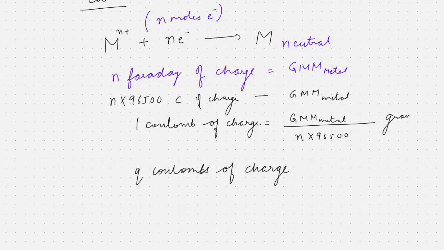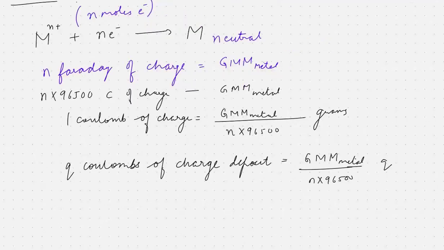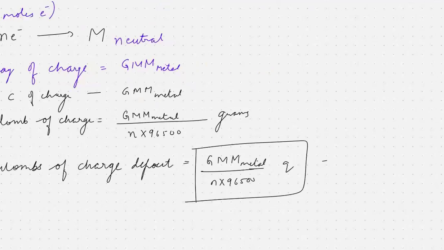GMM of metal divided by n into 96500 into Q. Can I say this is exactly going to be the weight deposited? So you can remember it as a formula, where n stands for the valency, and GMM is basically the molar mass of the metal.